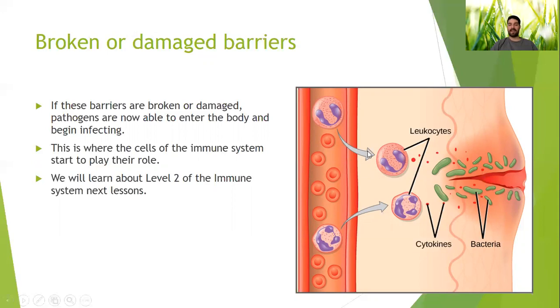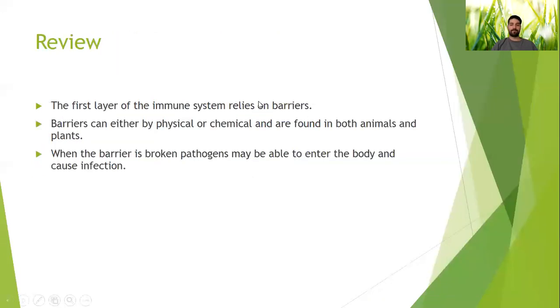And this is where our second level of defense starts to kick in. You can see here we've got some of those cells that we've talked about in the previous video moving in to try and fight them off. And so basically, once the first level is defeated, our second level then tries to step up and fight it off. And we'll cover that in our next couple of videos as well.